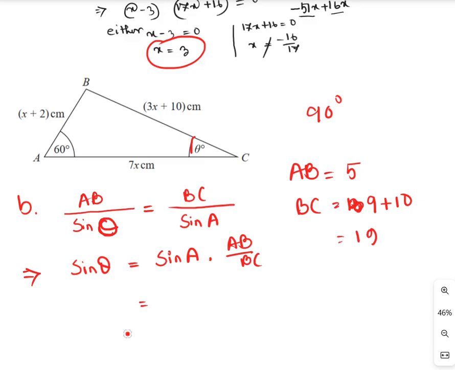Let's plug in the value. So sine A is 60, right? So the value will be root 3 by 2, and the value of AB is 5, and this will be 19, right?